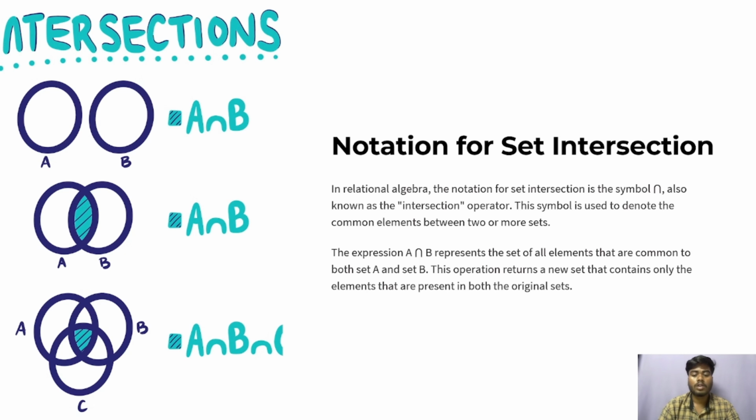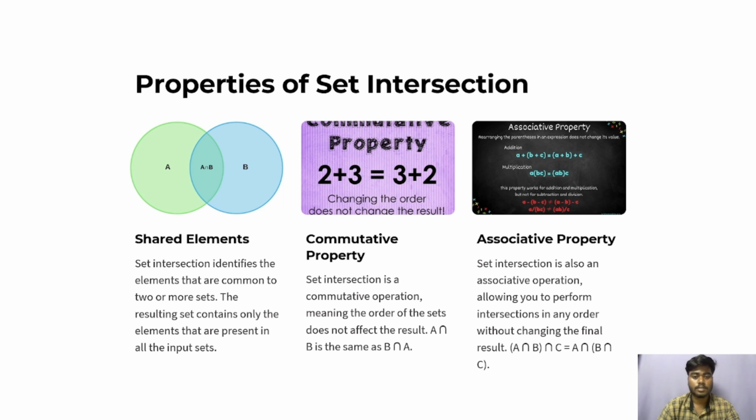Now, moving on to the properties of set intersection. We will first discuss the property of shared elements. The set intersection identifies the elements that are common to two or more sets.